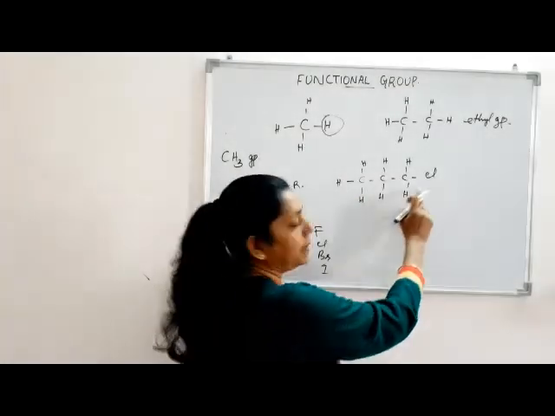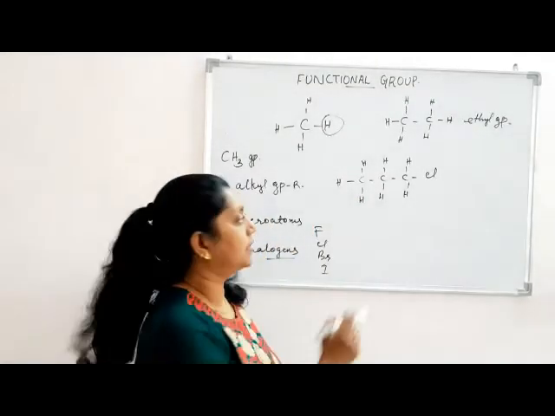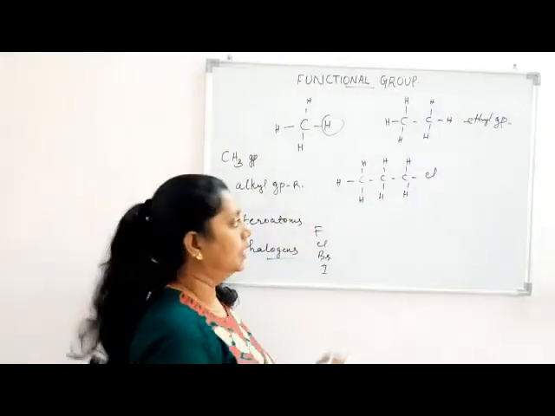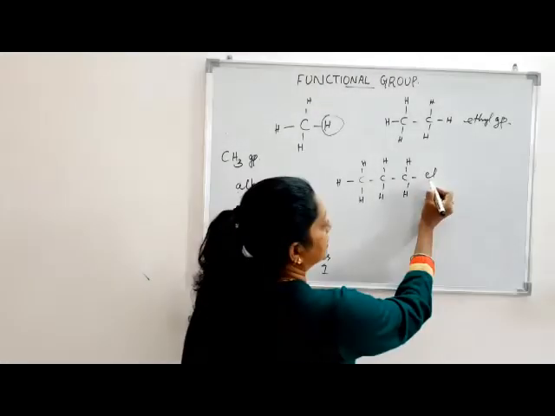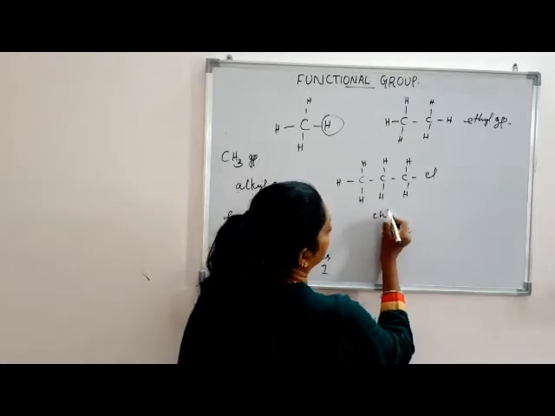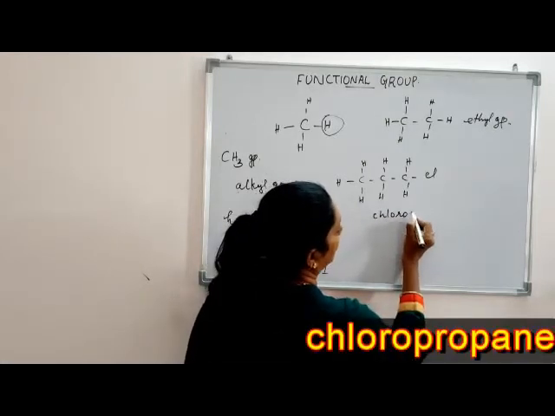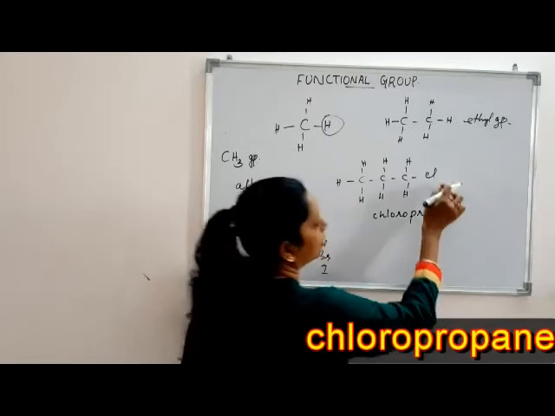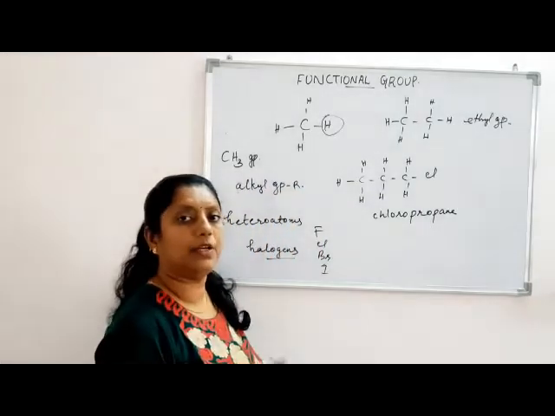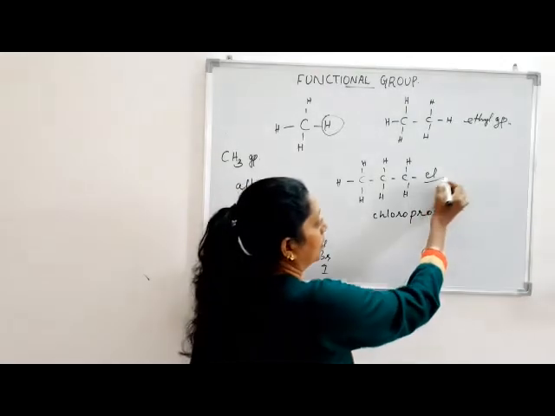Now a chlorine atom replaces one hydrogen atom from this propane molecule. Now we got a new molecule, and since it is chlorine, its name is chloropropane. Chloropropane.